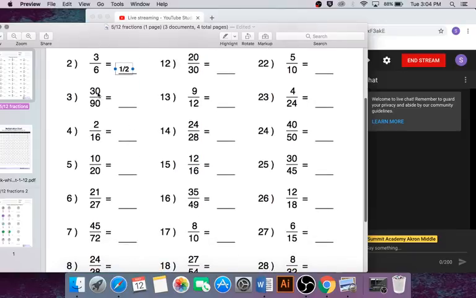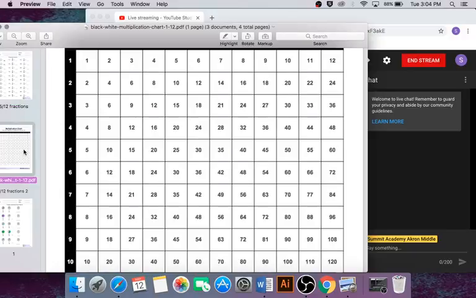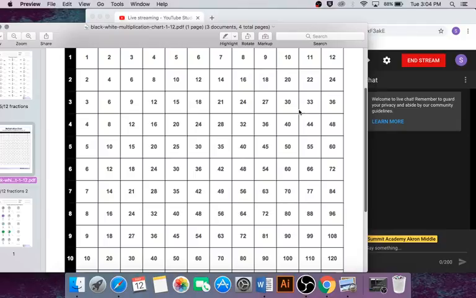Now for number 3, we have 30 and 90. So this one on your multiplication chart may look a little tricky. So we look for 30. 3 goes into 30.